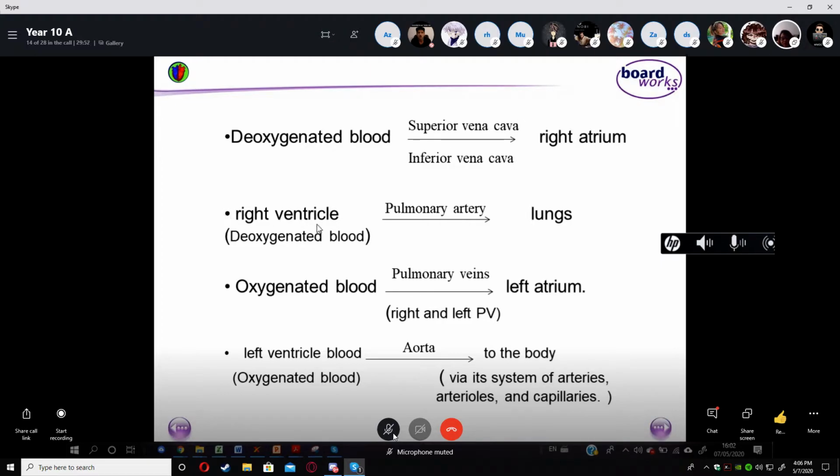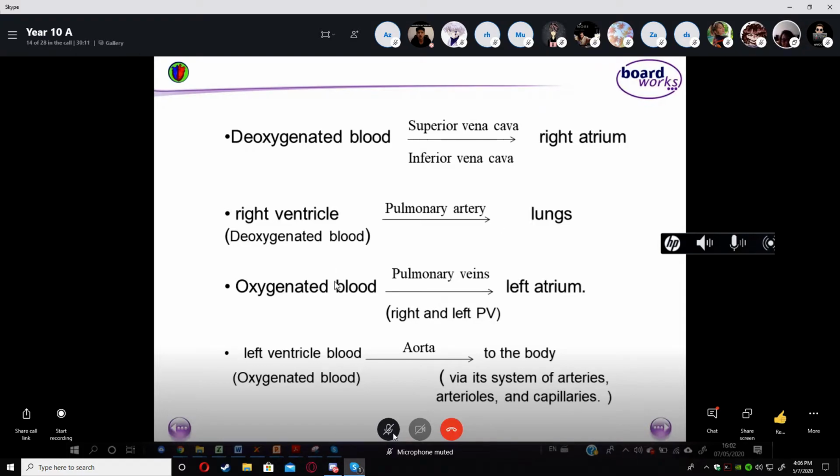From the right atrium, it goes to the right ventricle. From the right ventricle through the pulmonary artery, it goes to the lungs, where the deoxygenated blood gets oxygenated.